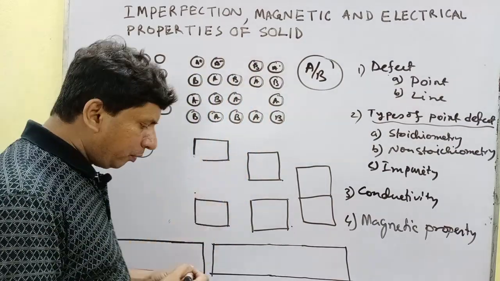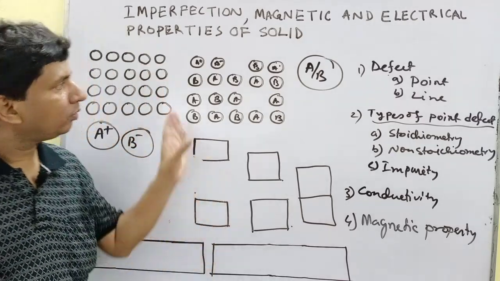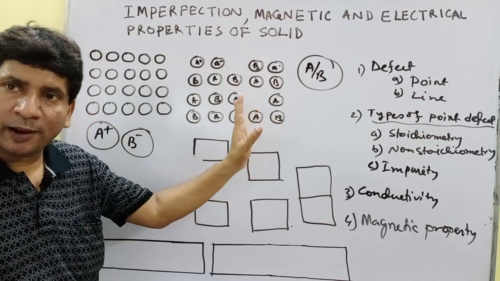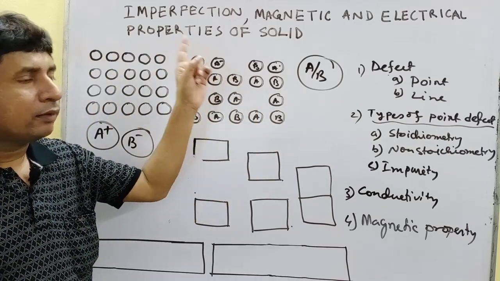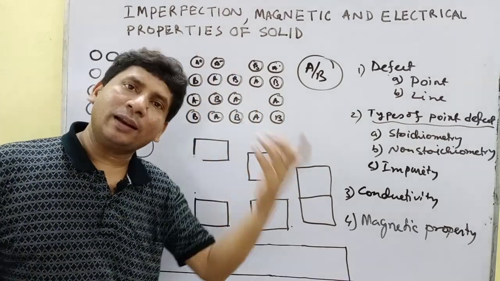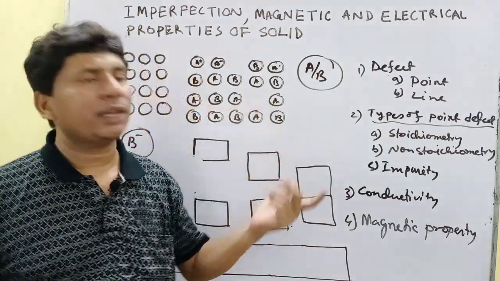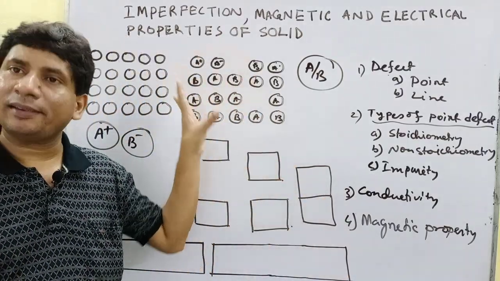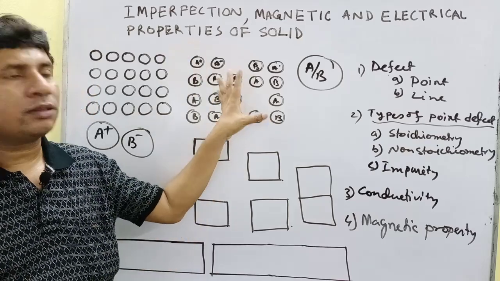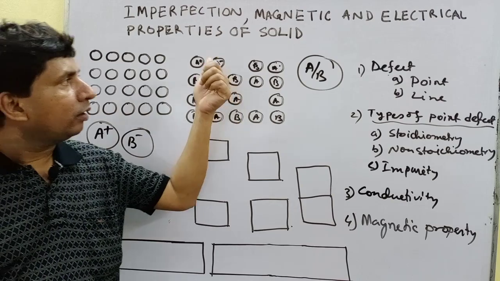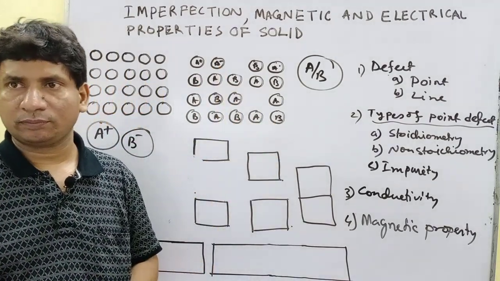So this is a stoichiometric defect, and since the cation and anion both are missing, an equal number of cations and anions is missing from the regular structure. Hence this type of defect is known as Schottky defect.